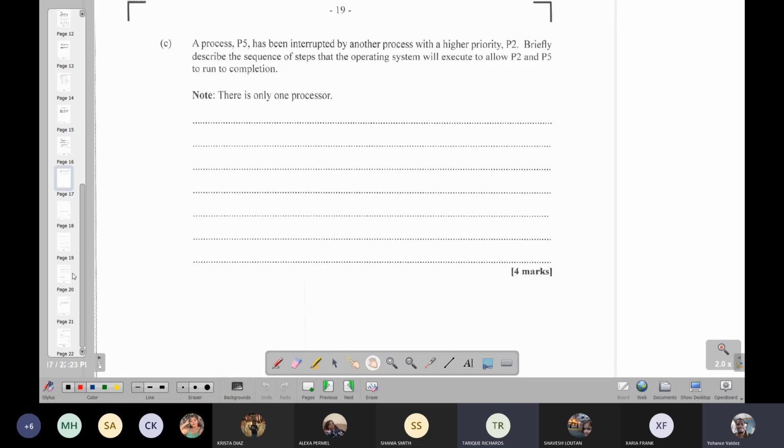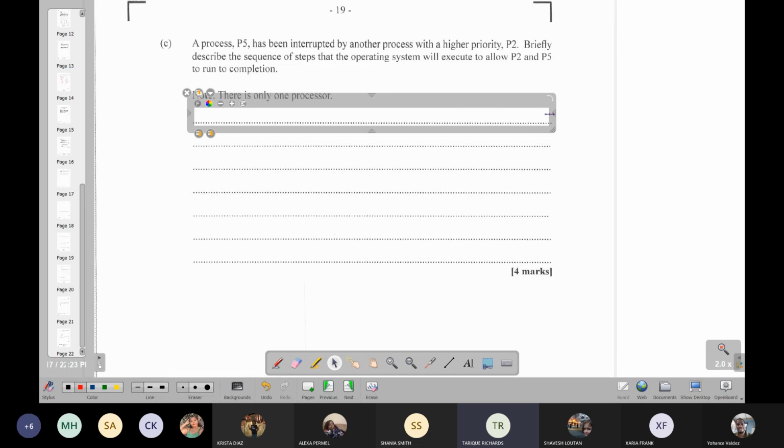Hold on, the thing blocking. The running process is P5, because P2 is of a higher priority. So P5 would go from running to blocked. No, running to ready. So P5's state changes from running to ready.